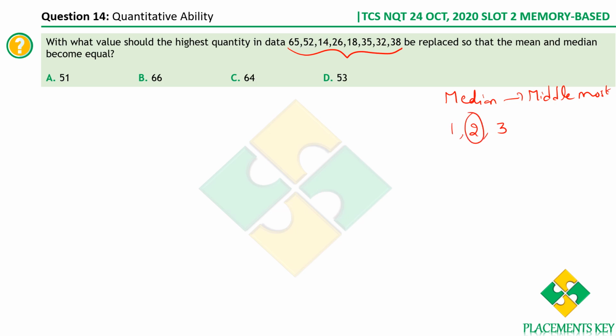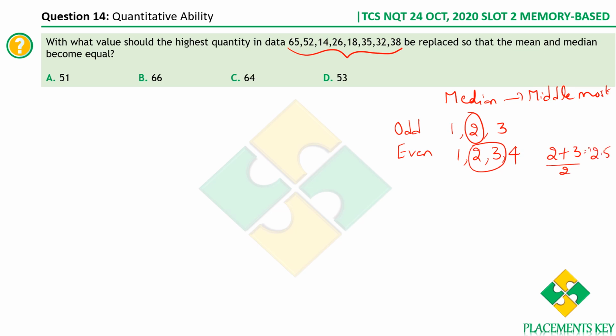But when you have an even number of observations, let's say 1 2 3 4, the median will be the average of the two middle terms, which is (2 plus 3) by 2, which is 2.5.